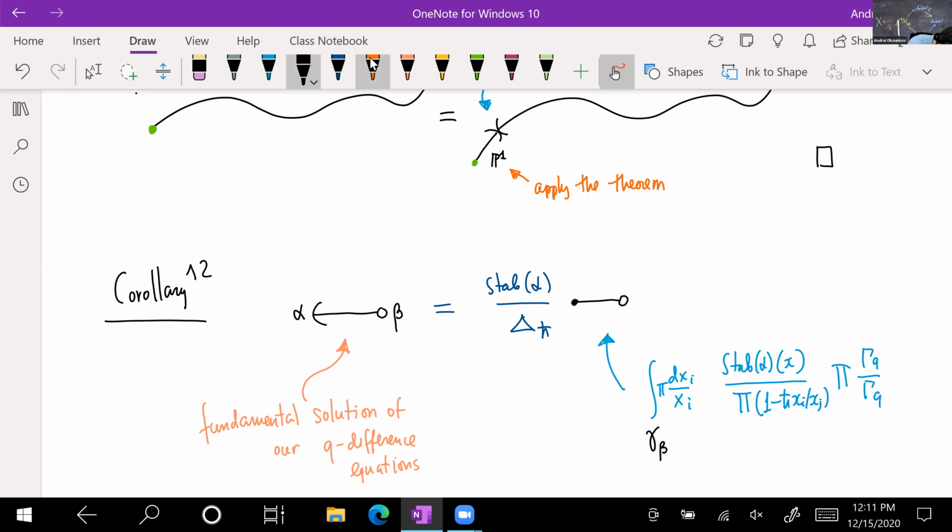And this is what I was saying before, that in this formula there will be some cancellation between these parts.